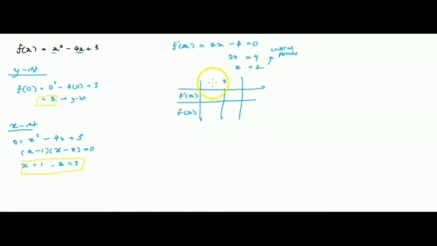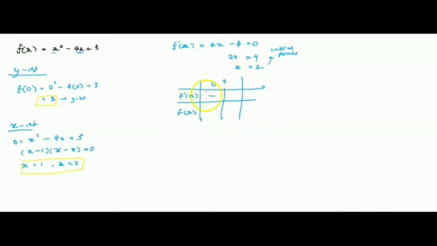So let's say I take 0 since it's the easiest. When we substitute this 0 into f prime x, we will get a negative number, which is negative 4, since 2 times 0 minus 4 is equal to negative 4. So we will get negative here.